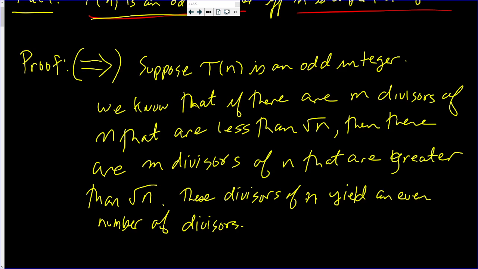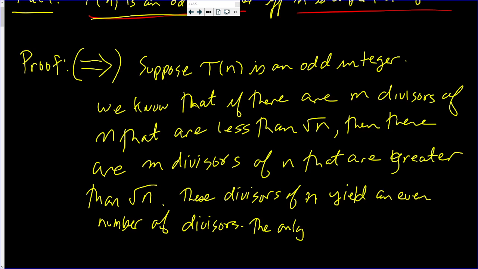Remember, these even number of divisors came from divisors that are less than the square root of n, and the rest were greater than the square root of n.